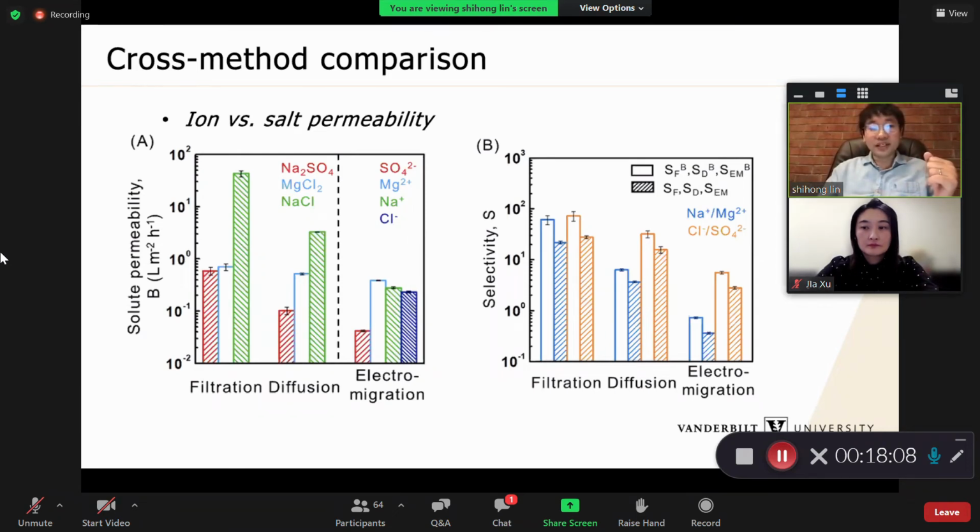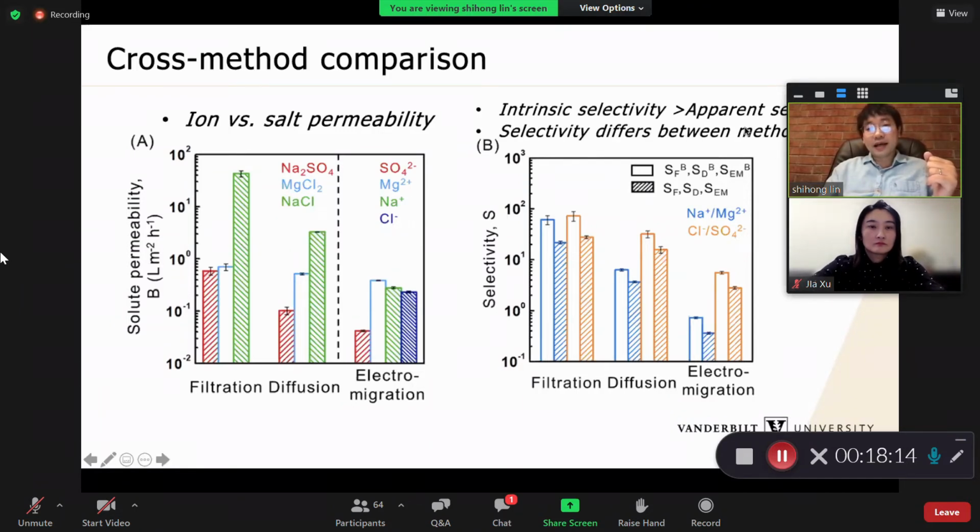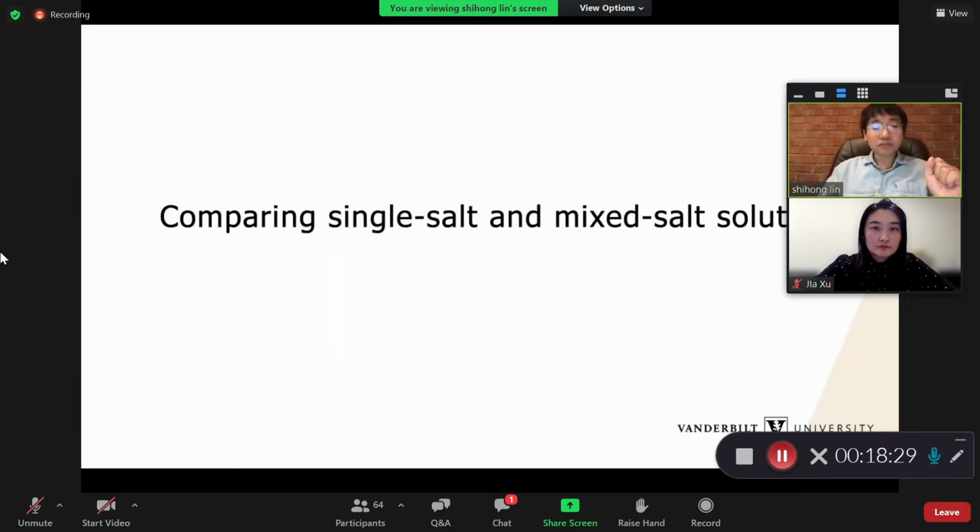As you can see here, the intrinsic selectivity is always larger than the apparent selectivity, and the selectivity differs between different methods. In this specific case, filtration methods have the highest selectivity, while electromigration has the lowest selectivity for this specific study. Now let's get to the mixed salt selectivity, right?